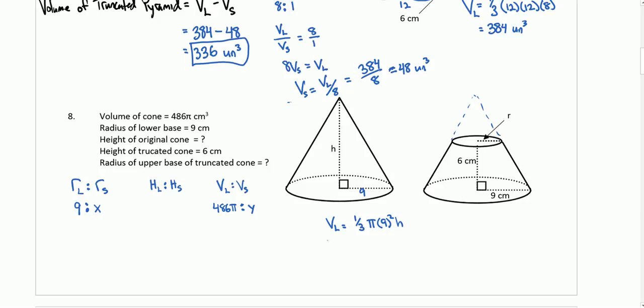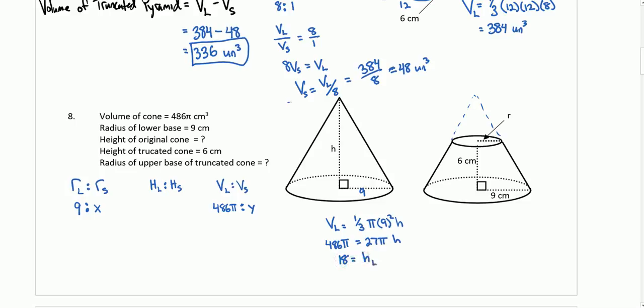Plug that volume in. We got 486 pi equals 81 is 9 squared, divided by 3 is 27, pi times h, divide 486 pi by 27, and we get 18.